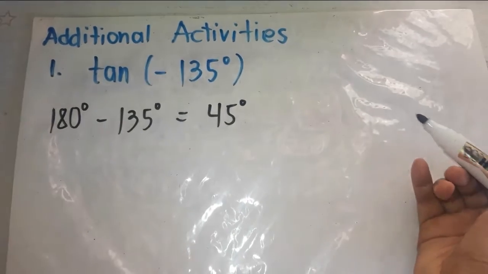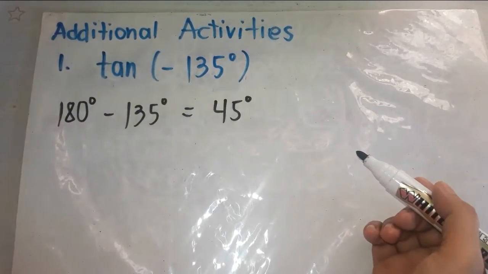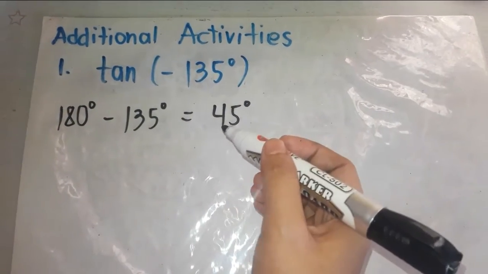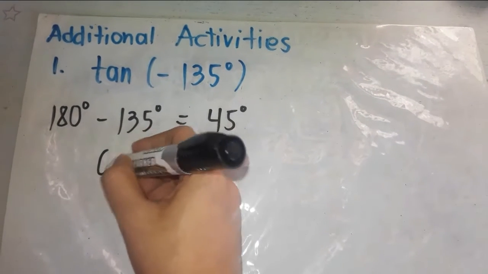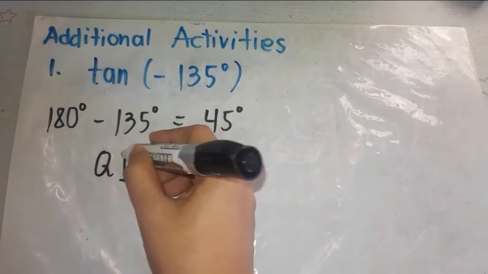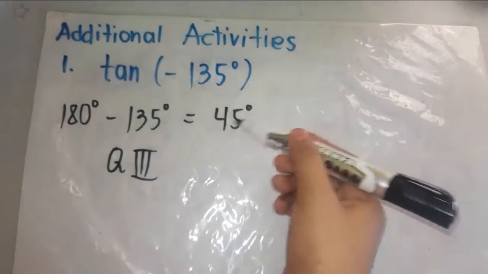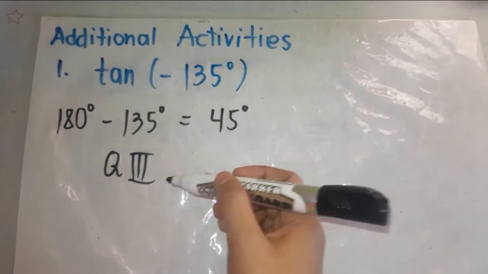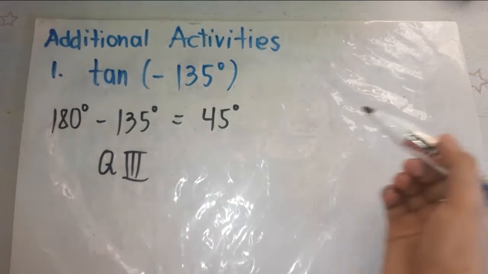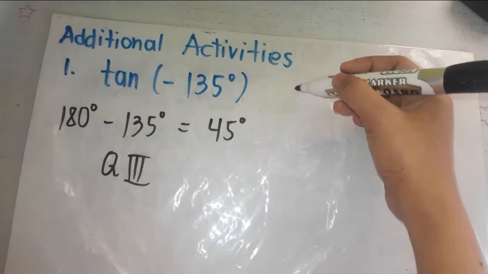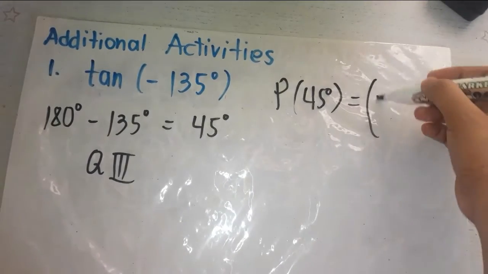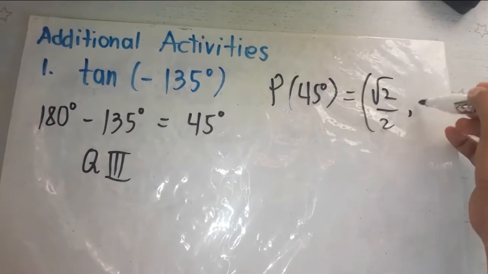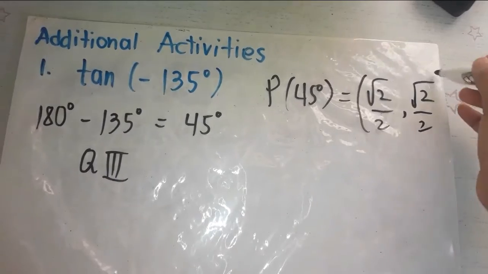Now again, since it's negative, the rotation must be clockwise, so going down, and therefore the location is at quadrant 3. Alright, so we already have the two requirements, the reference angle and the location. Now, 45 degrees. The coordinates of 45 degrees, if you still remember, are square root of 2 over 2 and square root of 2 over 2.